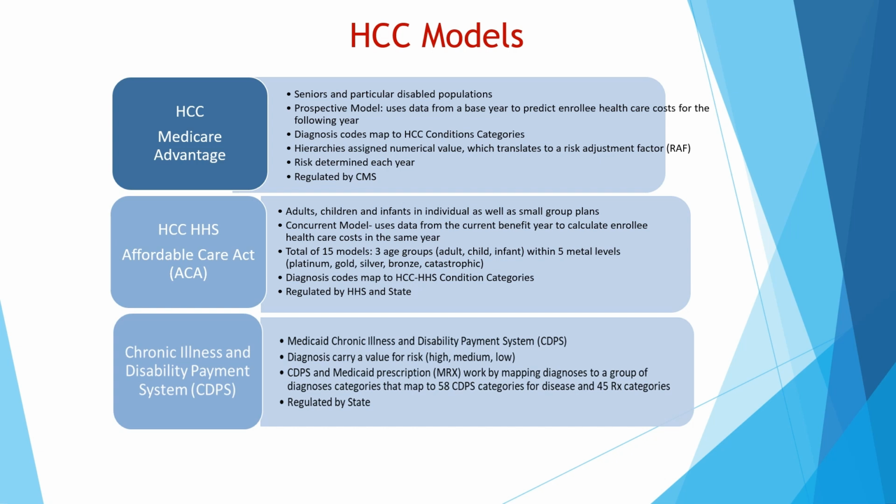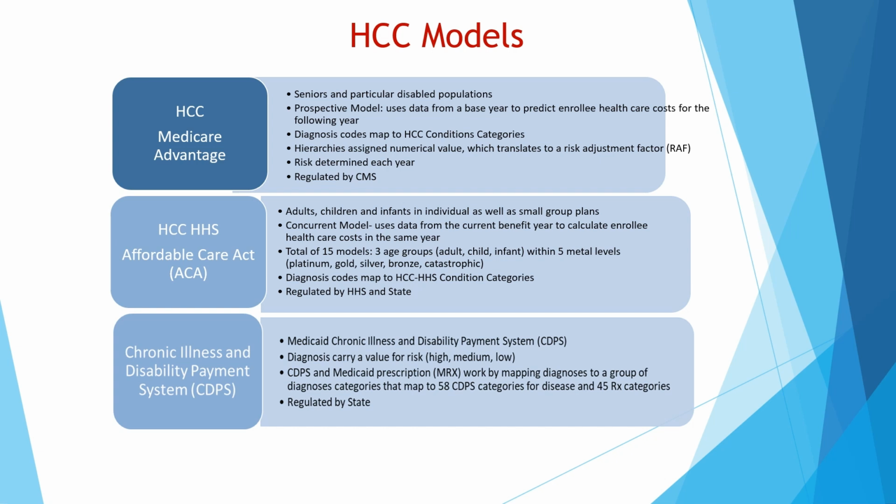2. HCC HHS, Affordable Care Act. A. Includes adults, children and infants in individual as well as small group plans. B. Concurrent model uses data from the current benefit year to calculate enrollee healthcare costs in the same year.